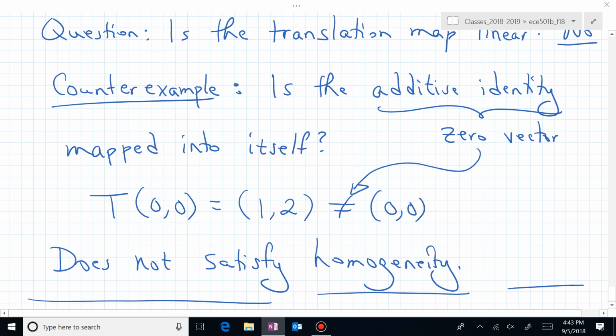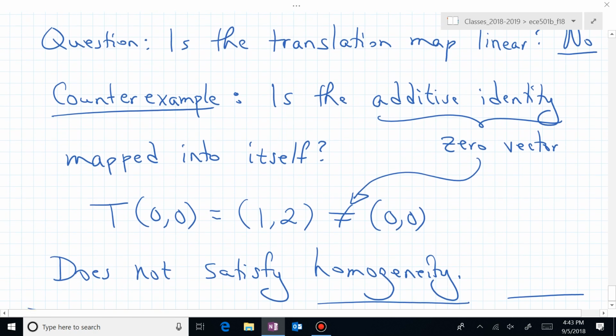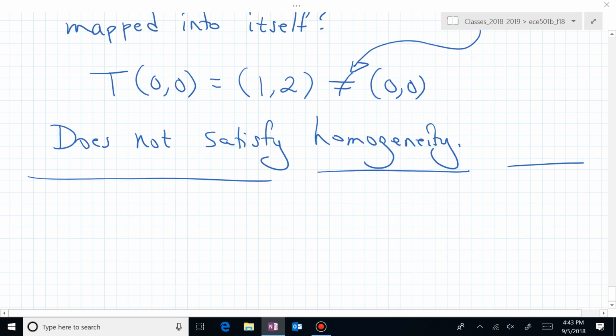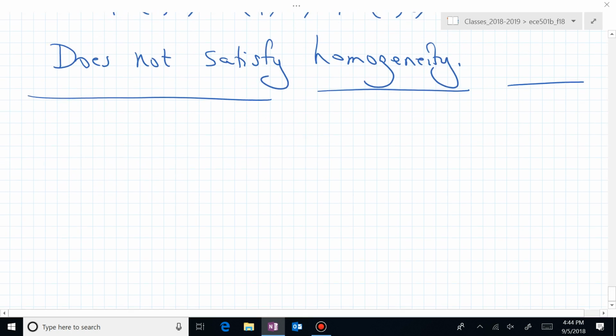Now, why should a linear map map the additive identity into itself? Let's try to explain that, or convince ourselves that if we have a linear map, then it had better map the 0 vector into the 0 vector in order for it to be a linear map. Let's see if we can explain that.